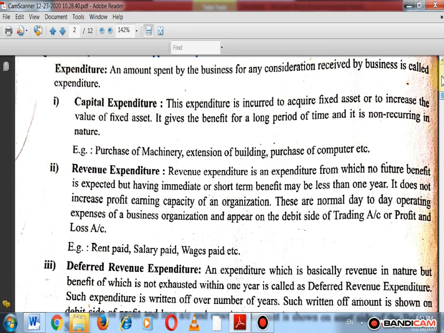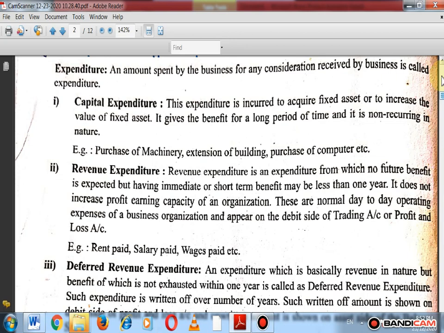Capital expenditure means expenditure incurred to acquire fixed assets or to increase the value of a fixed asset. It gives a benefit for a long period of time, and it is non-recurring in nature. Capital expenditure is an investment in fixed assets, or purchasing an asset for the benefit of a long period.